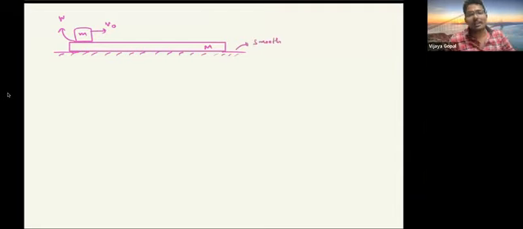The first question I'm asking is: find the distance covered by the block with respect to the plank before it comes to rest with respect to the plank.